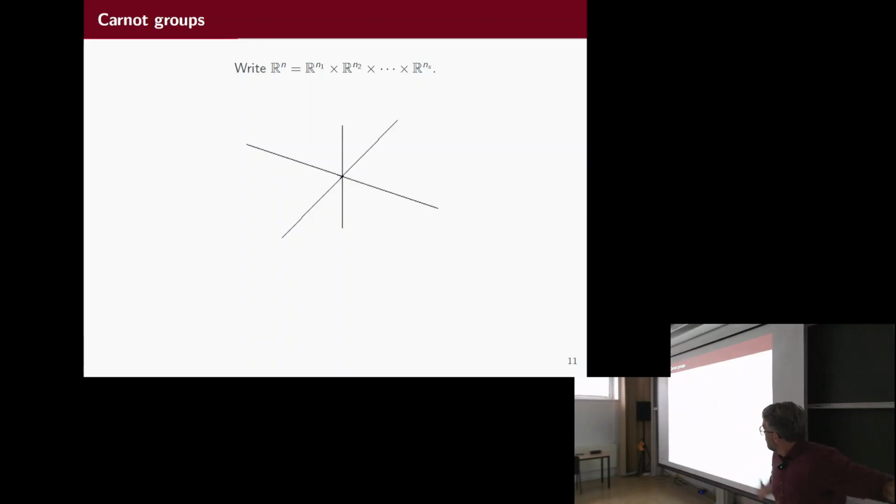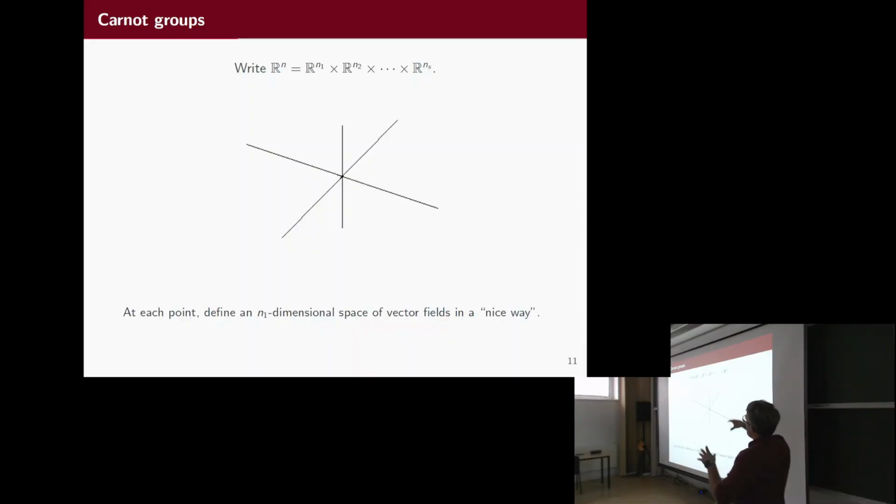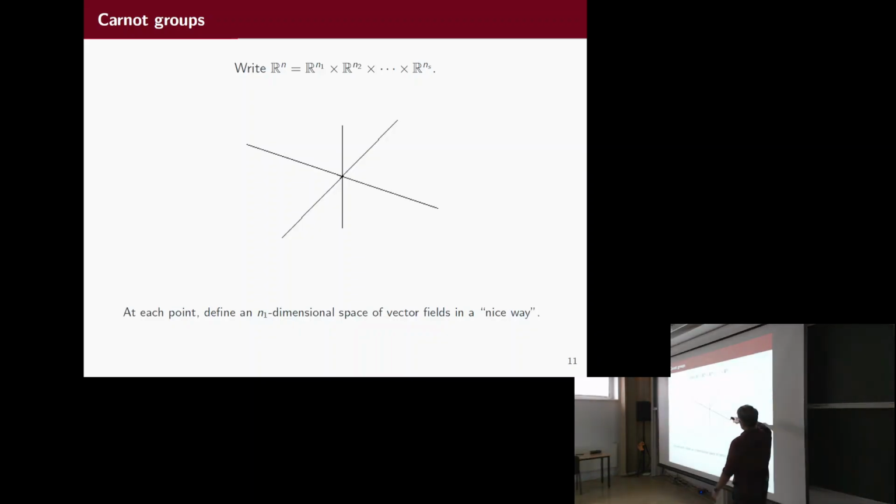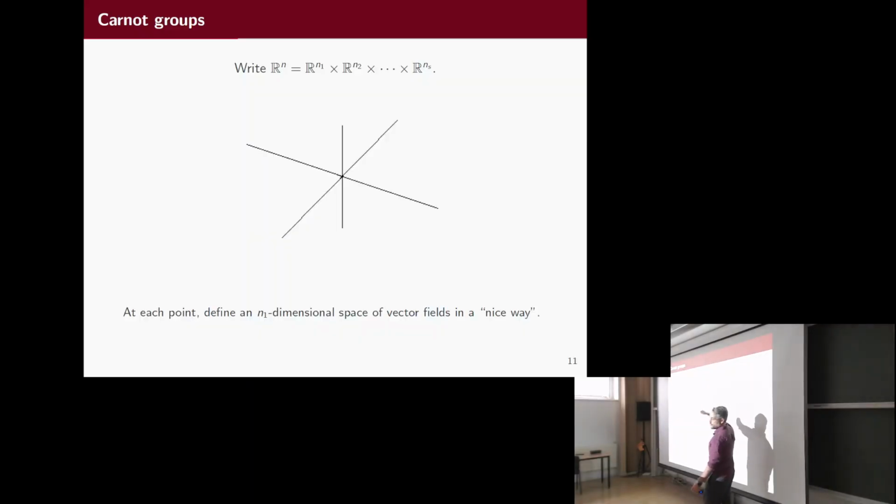So bringing this back to the title of the talk, Carnot groups, what if we think about our Euclidean space as split into layers almost, as they're typically referred to. So the first layer has dimension n1, the second layer has dimension n2, et cetera.